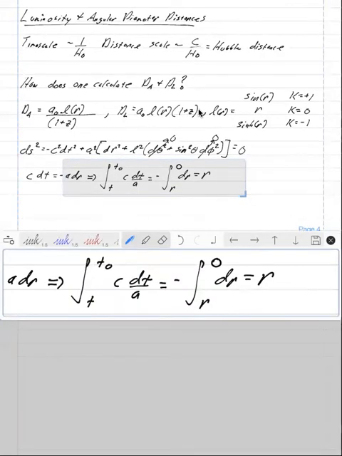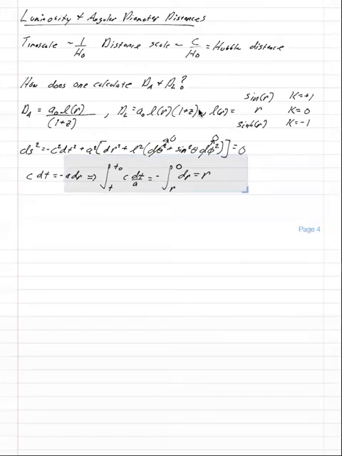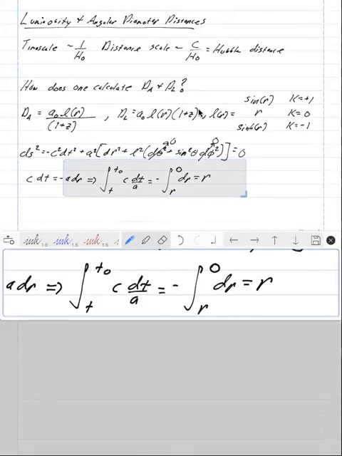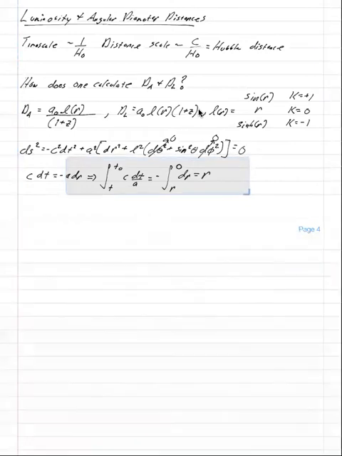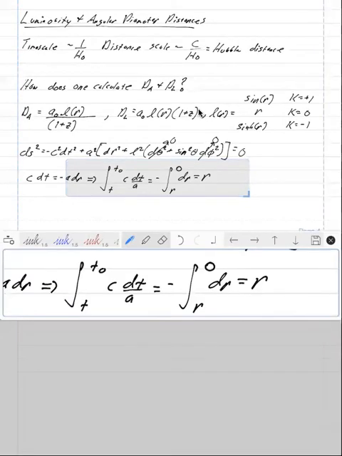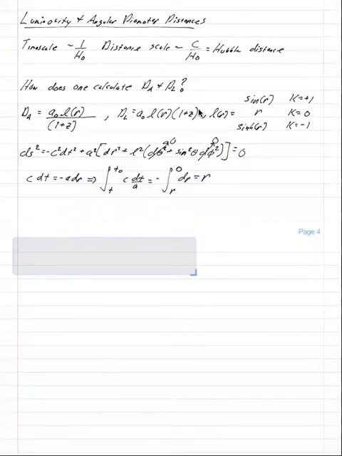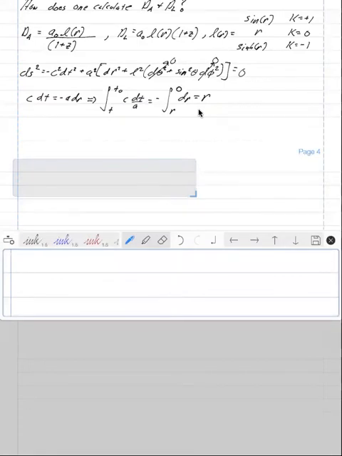So if we want to know what is the luminosity distance or the angular diameter distance, we first need to know what is r for that particular position in that distance. What is r given the cosmology? So this is what we're going to do.